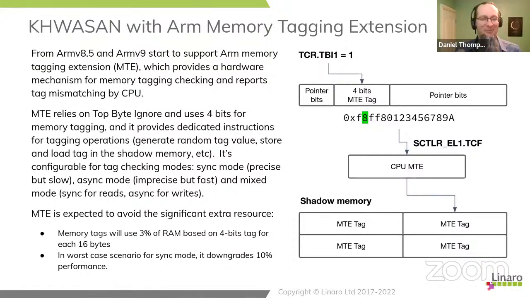But in exchange for that, the overheads are much, much lower. We still have overhead. We still have a tag to make. We still have to maintain the tag memory. But because we can use hardware opcodes to accelerate the various checks that we're going to do, it becomes a much, much more plausible thing. The performance downgrade is much, much lower, and the memory overhead is less.